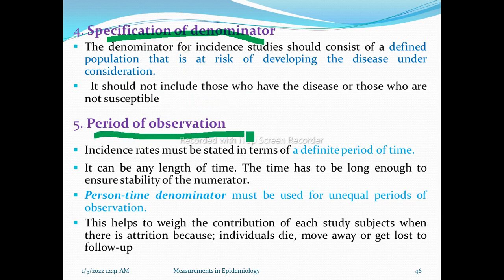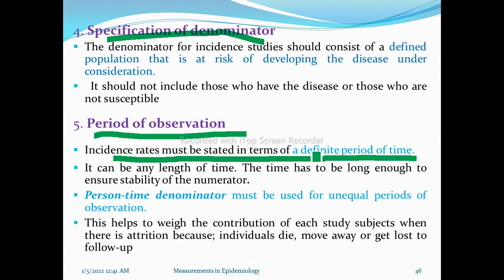The other is period of observation. Incidence rates must be stated in terms of a defined period of time, either in days, months, or years.